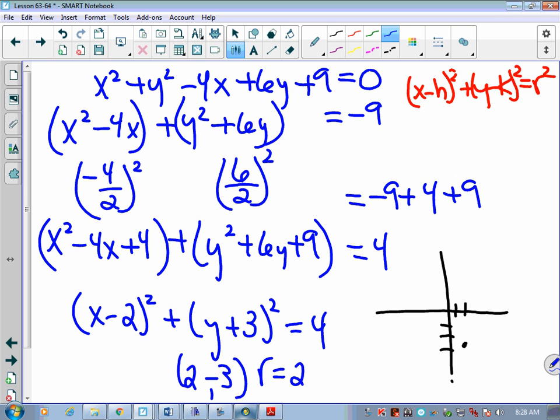I didn't do a really great job with this, but I'd go up 2, over 2, right 2, down 2, so I'm seeing a circle about right there. Okay, does that make sense on how to do that?